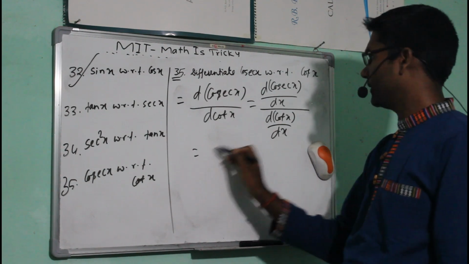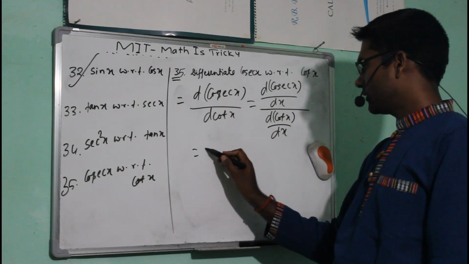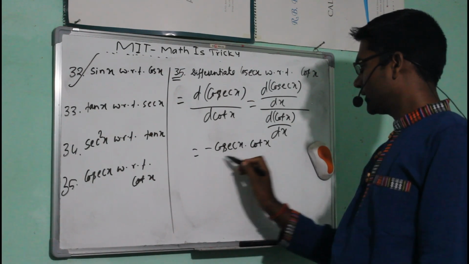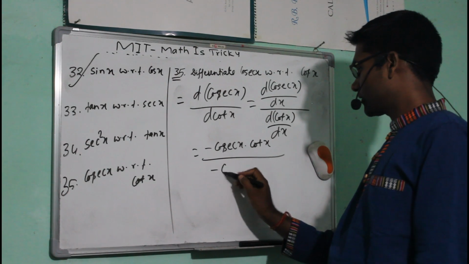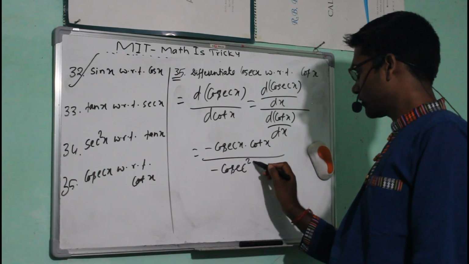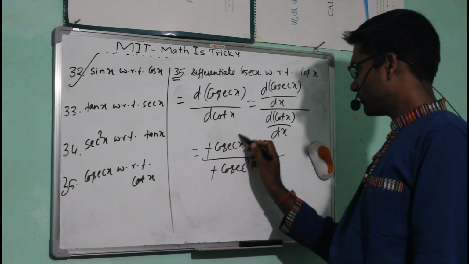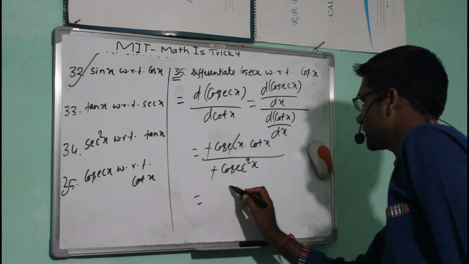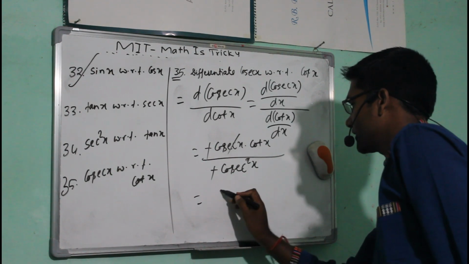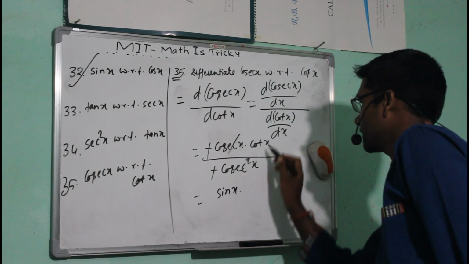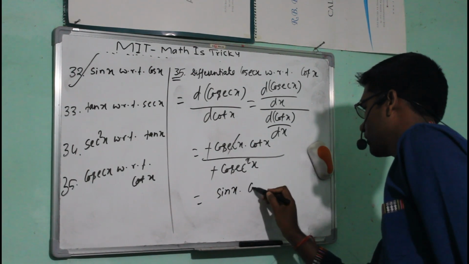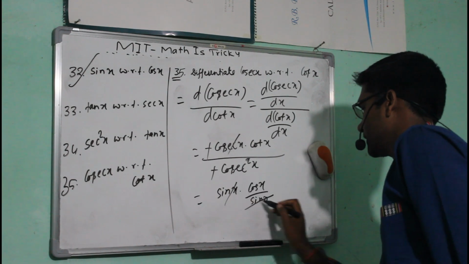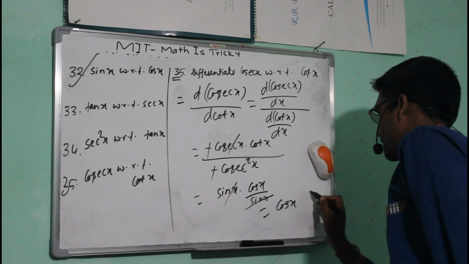Now use the formula for them. Derivative of cosec x is minus cosec x into cot x, derivative of cot x is minus cosec square x, so minus minus cancel, 1 cosec and 1 cosec cancel, so it will be simply cot x by cosec x, which is cos x by sin x times sin x, so the answer is simply cos x.